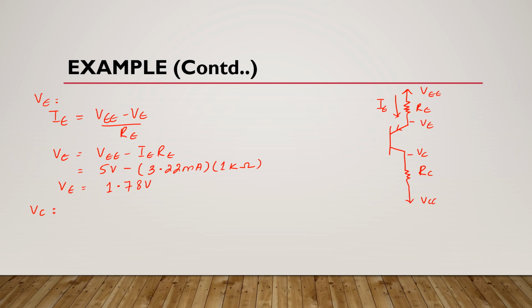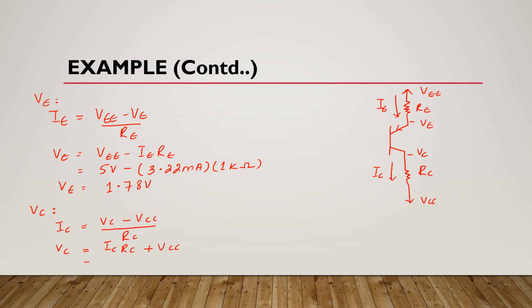Here we know that collector current will flow in this direction. Therefore, the formula of collector current will be VC minus VCC divided by RC, and if we rearrange this equation we get VC is equal to IC RC plus VCC.